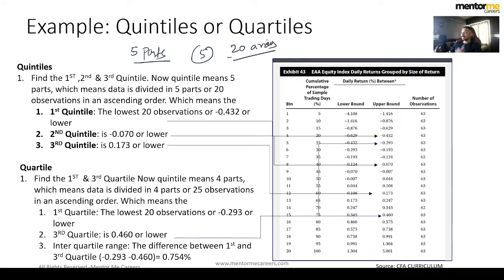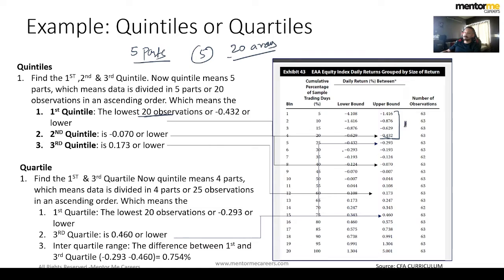Now the first quantile, that means if you have about 100 trading days, has to be the lowest 20 observations. You can see I've marked it that the lowest 20 observations would be negative 0.432 or lower. So this would become my lowest quantile.